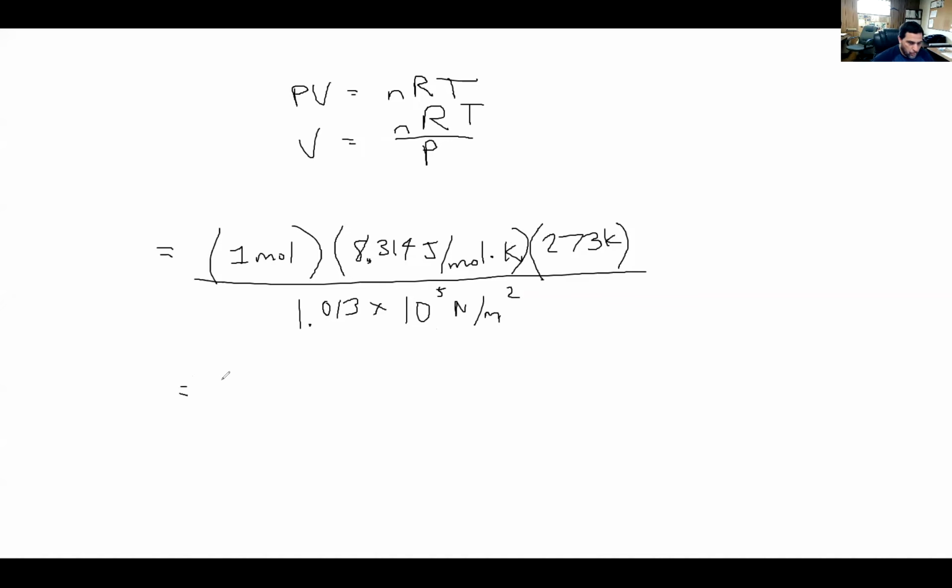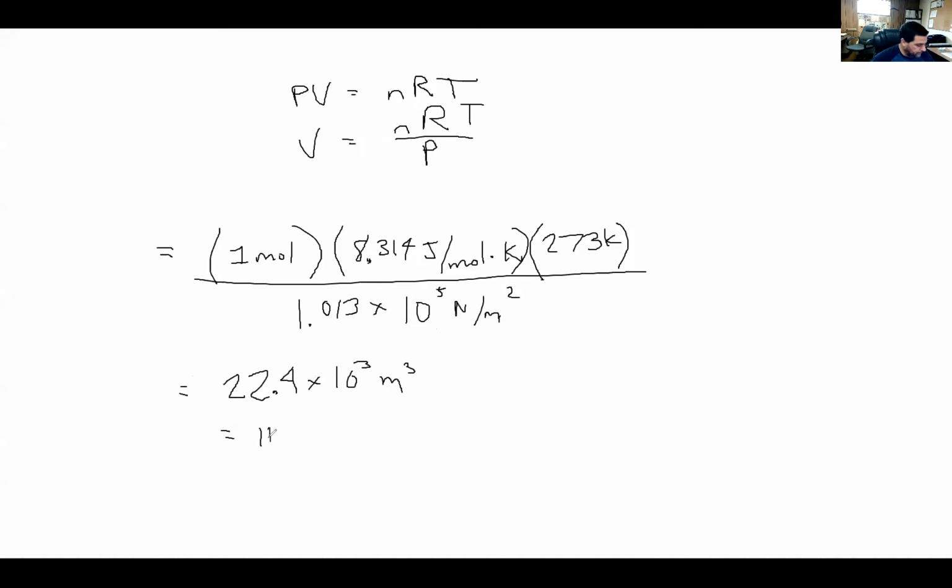This volume works out to 22.4 times 10 to the minus 3rd meters cubed.